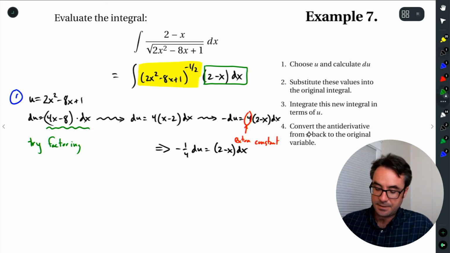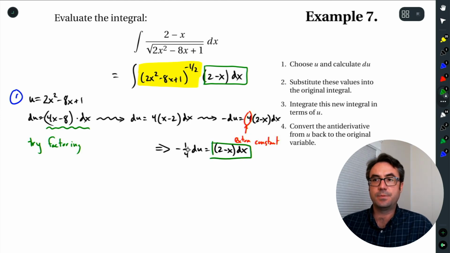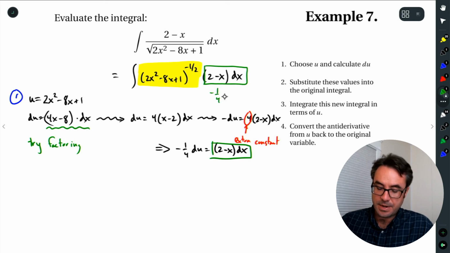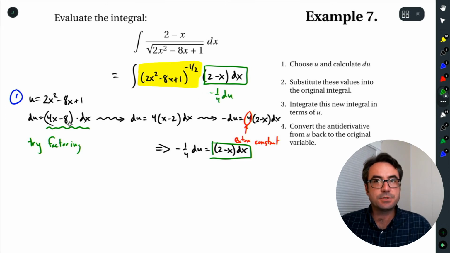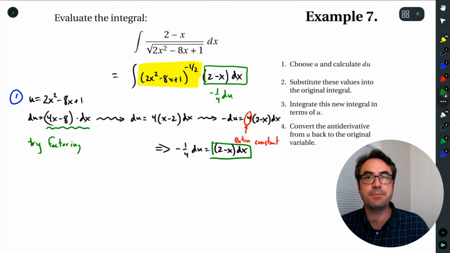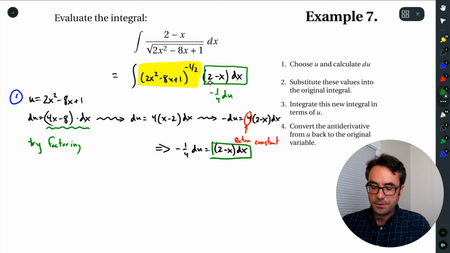And now we see this is a perfect match for what we have, and so we'll be able to plug this in. So this will become negative 1 over 4 times du. Sometimes there's a little bit of work we have to do in order to get these differentials to match all nice with the leftover terms that are there.